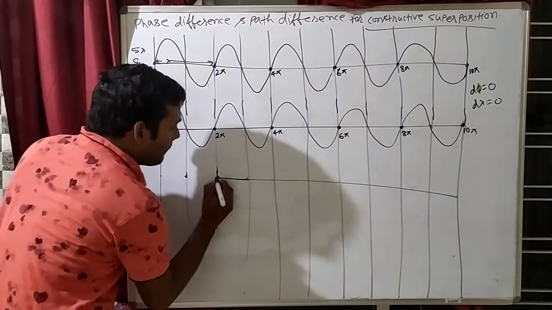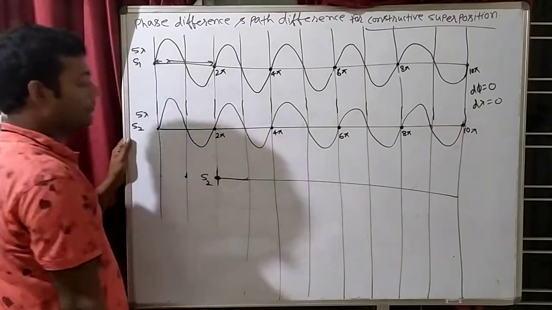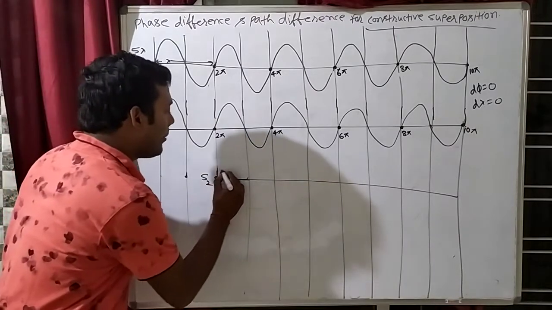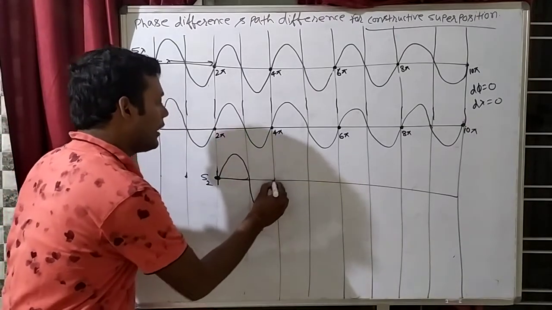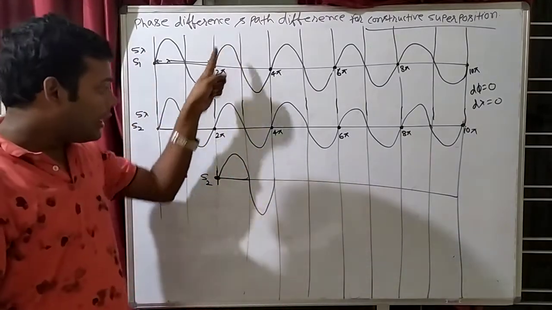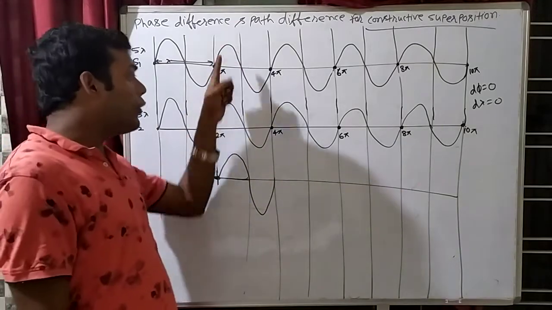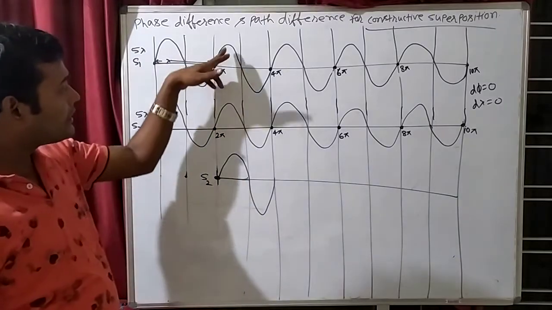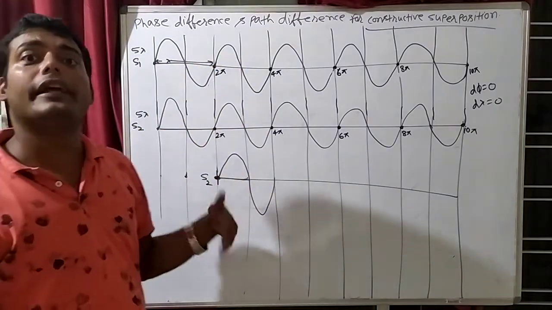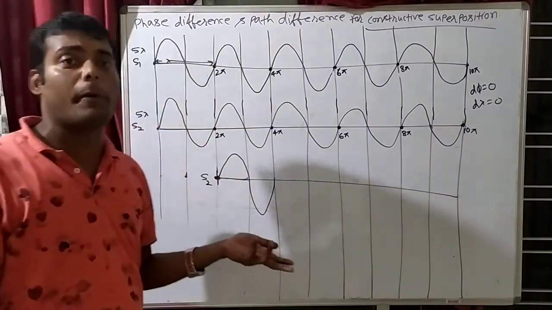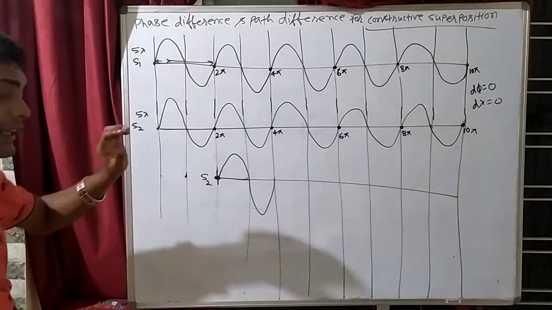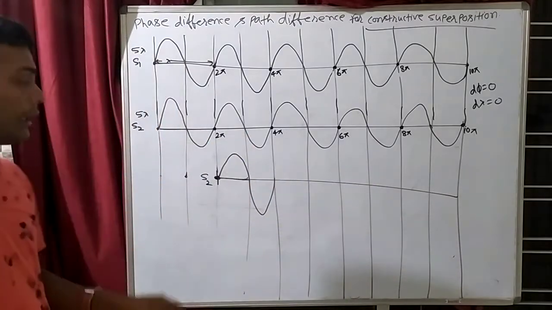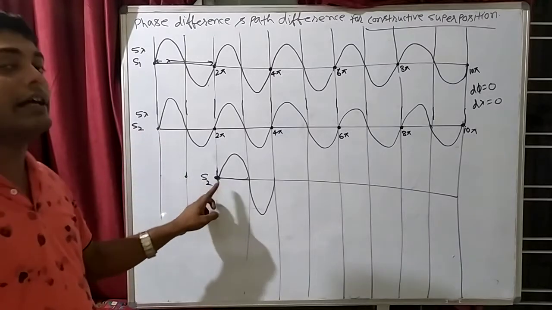If I place S2 here, then this will make a wave like this, right? Now see, this is crest and this is also crest. Crest on crest, crest on crest. So this is also crest, this is also crest. So what will this be? This will be constructive superposition. That means for getting the next constructive superposition, we have to move our second source here.